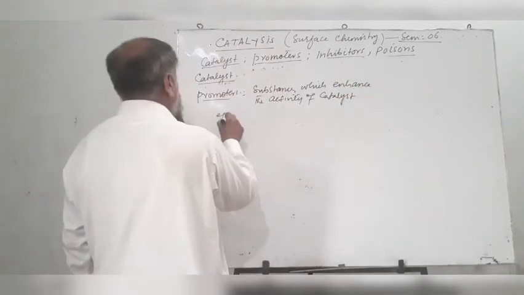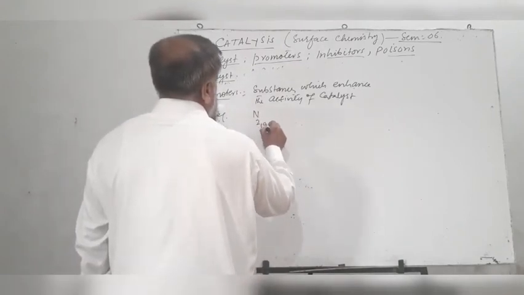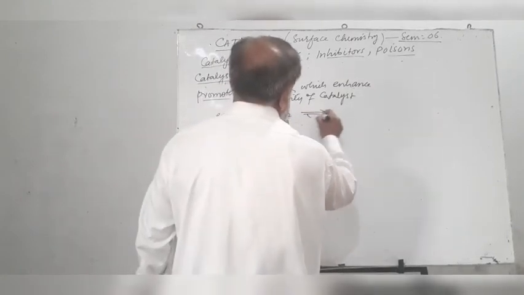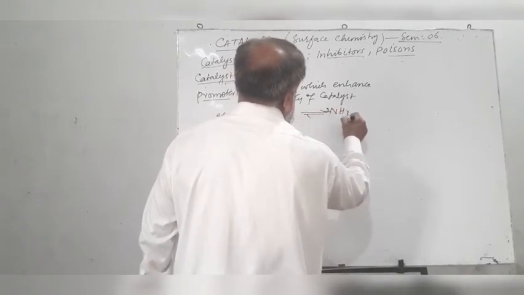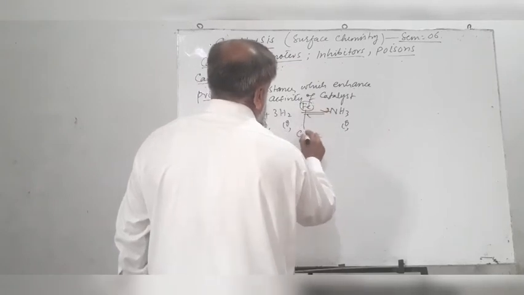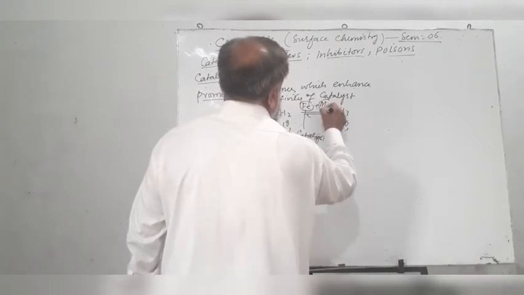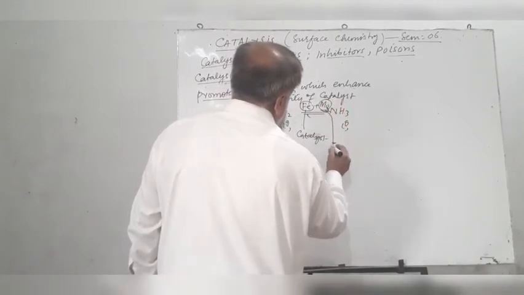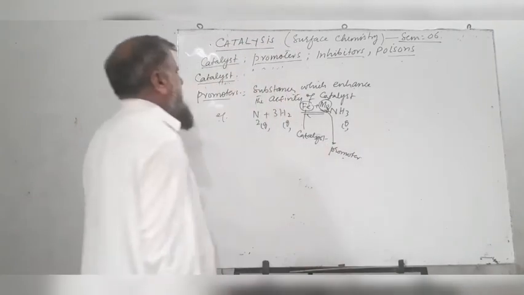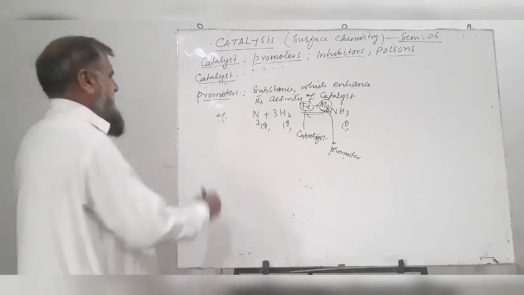For example, in Haber process for ammonia, nitrogen gas reacts with hydrogen gas and we get ammonia. In this reaction, iron is used as catalyst. In addition to iron, molybdenum is also used. Molybdenum is a promoter which increases the activity of catalyst.